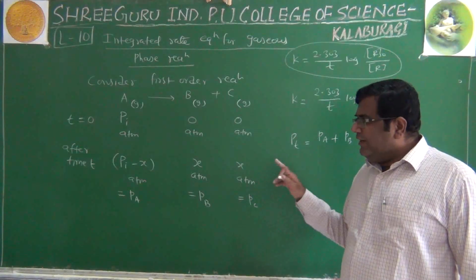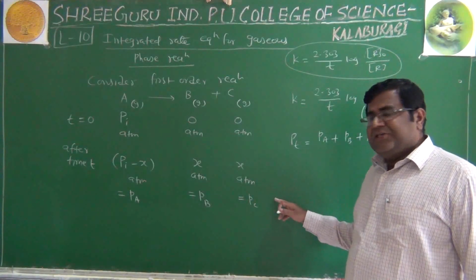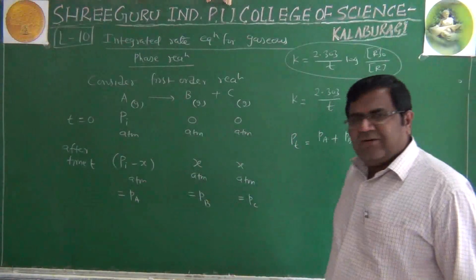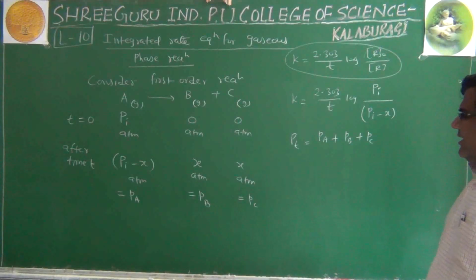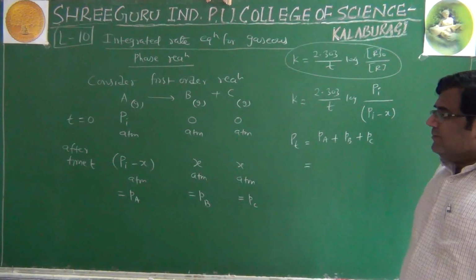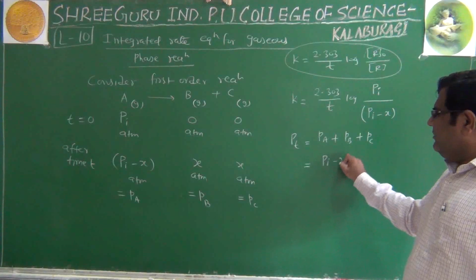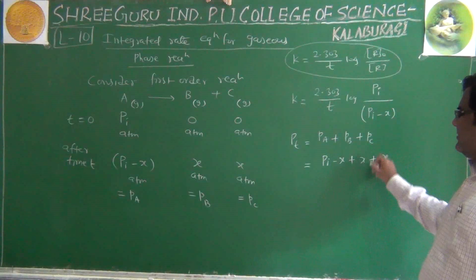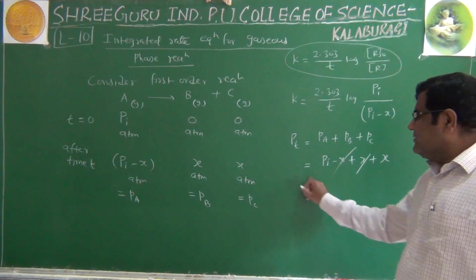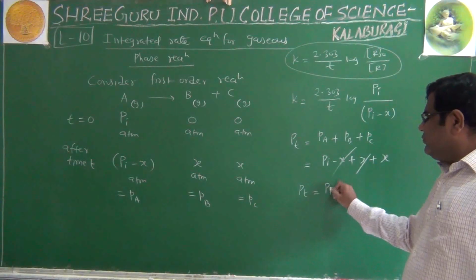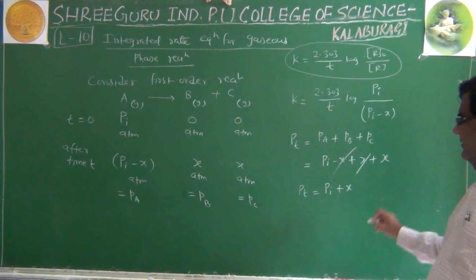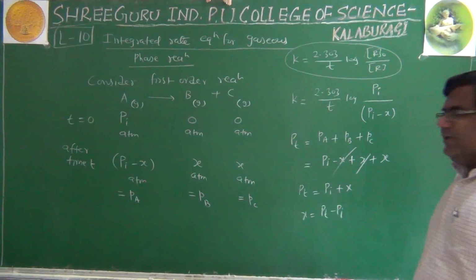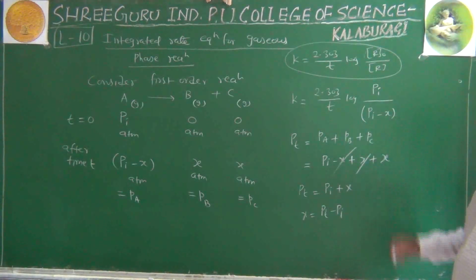It is contributed by A, B and C. Initially the contribution was only of A, but after time t, one reactant and two products start appearing. pA is Pi minus x, pB is x, pC is x. We can cancel this x and we can say Pt is equal to Pi plus x. So x is equal to Pt minus Pi. So we got the value of x here.